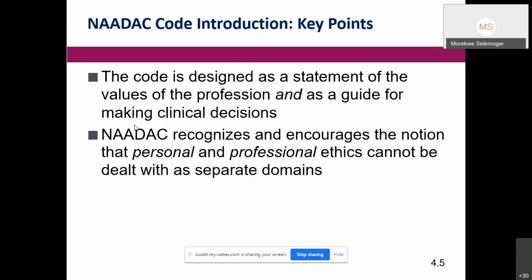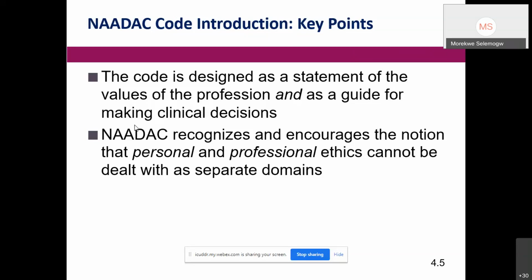NAADAC also recognizes and encourages the notion that personal and professional ethics cannot be dealt with as separate domains. Yesterday, I did mention when we are talking about what Popovit and White state with regards to assumptions that SUD professionals say, that the personal and professional ethics cannot be dealt as separate domains.